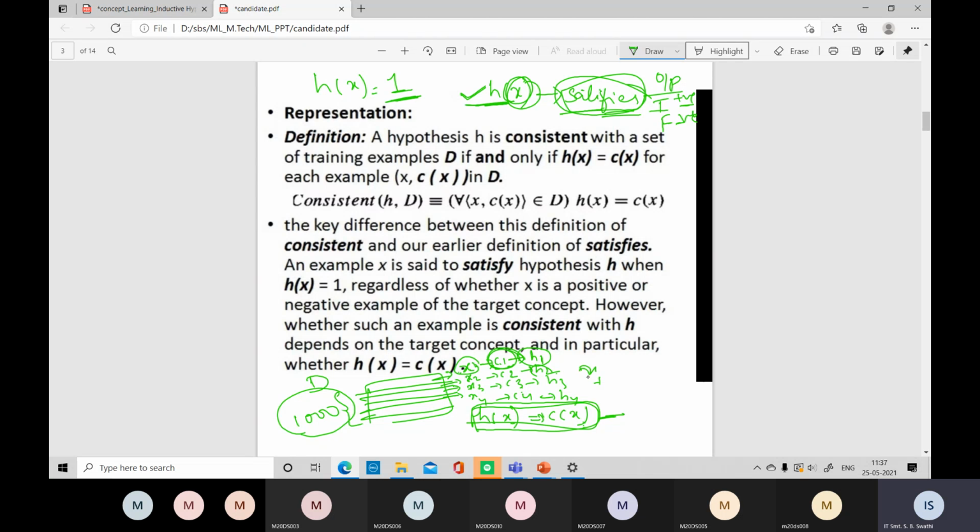After training, if you give some input to the application, it generates a new output. Then you should check this new output with the expected output values. If you are getting 0 or 1, that means it is valid, and this condition is satisfied. For this given input I have generated c of x, so in this case I can apply the candidate elimination algorithm.